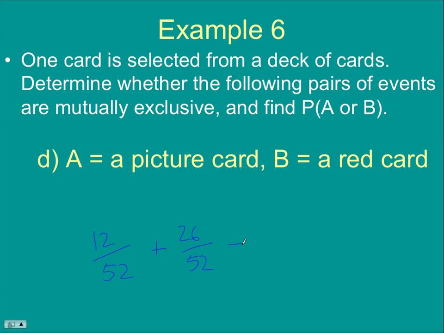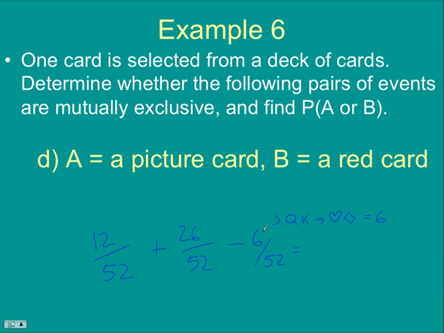And then I need to subtract all of the red picture cards. So we have the Jack, Queen, and King of hearts and diamonds. So that equals a total of 6 cards right there. So we're going to subtract 6 out of 52.